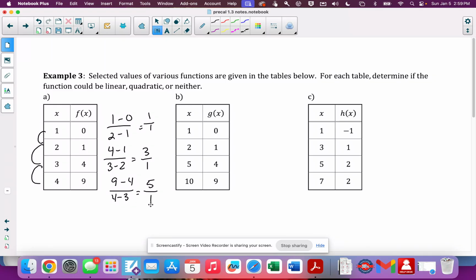Okay, so again, take a look at your average rate of changes, 1, 3, and 5. They are increasing by a constant amount.